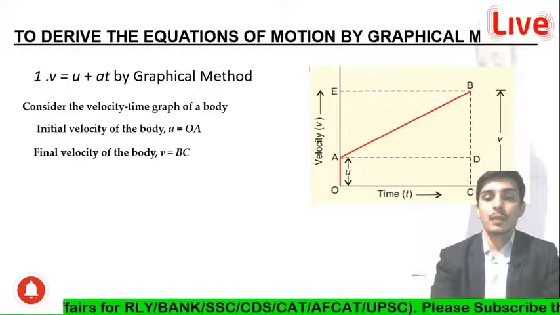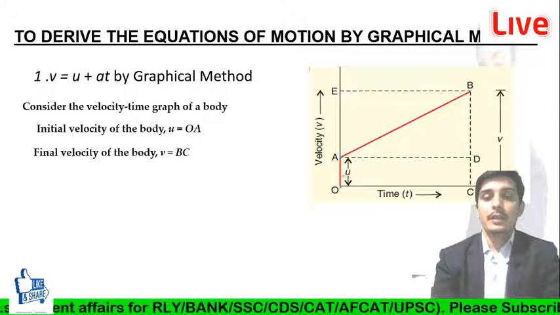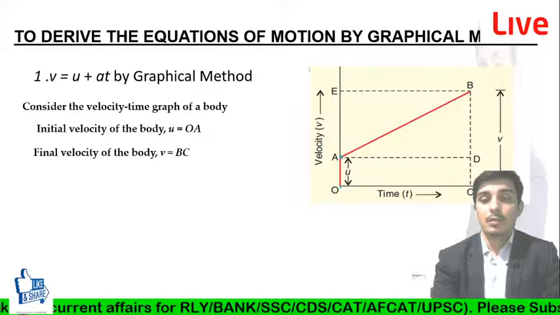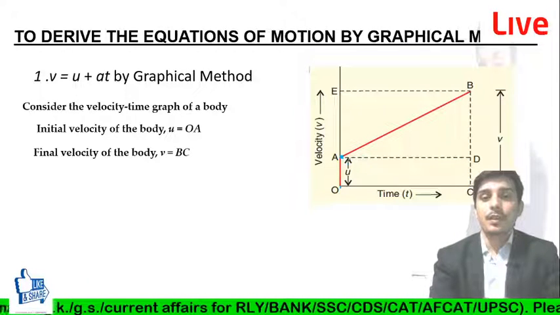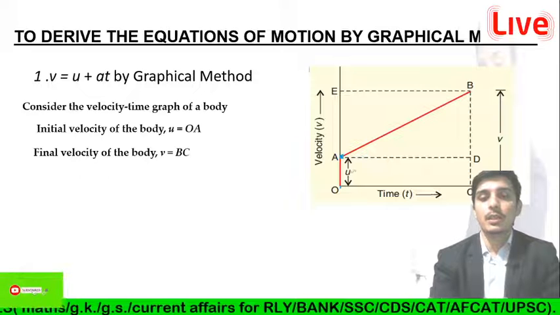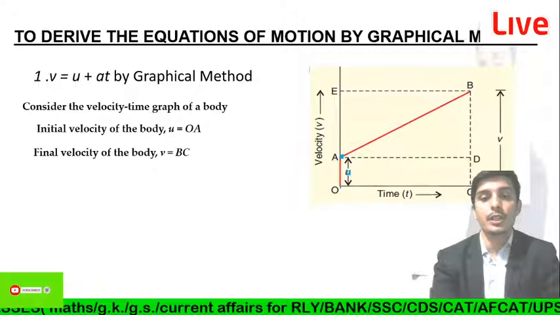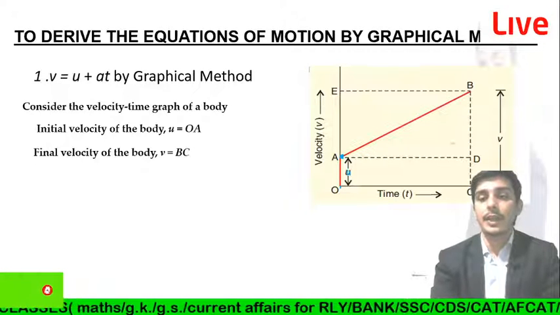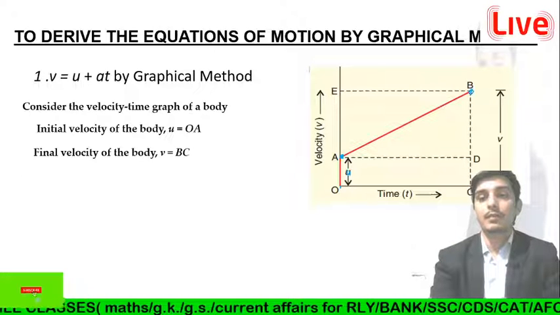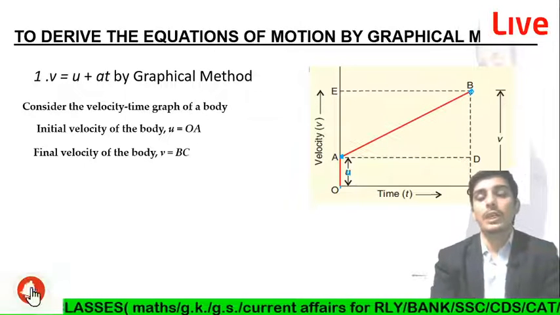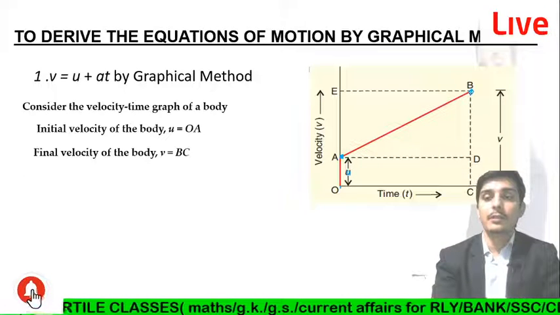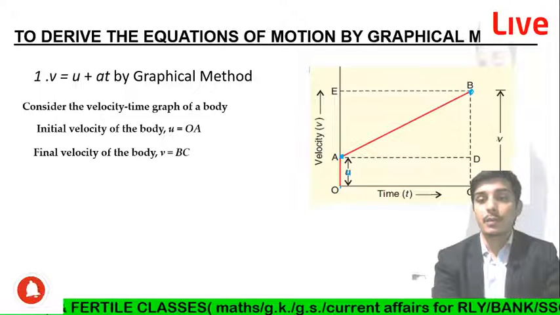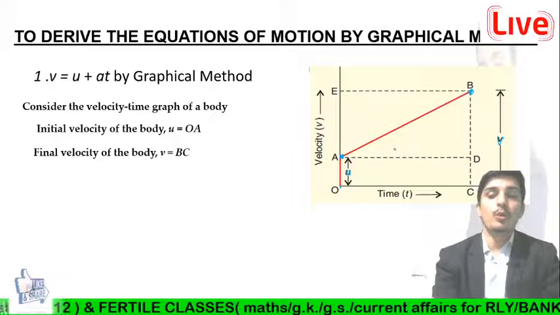Suppose at starting any object is in motion and its initial velocity is u, and after taking time t its final velocity will be v. Final velocity will be v guys, right?